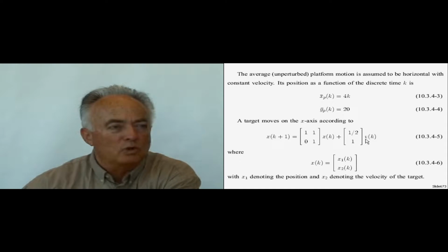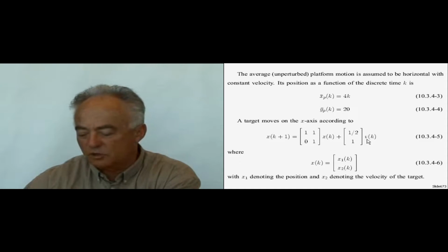There's a white noise that perturbs the motion. Again, because the sampling interval is 1, that's the t, this would be a t squared over 2, and we have this as the deviation from the constant velocity motion. This is a white noise, a piecewise constant white noise acceleration model.